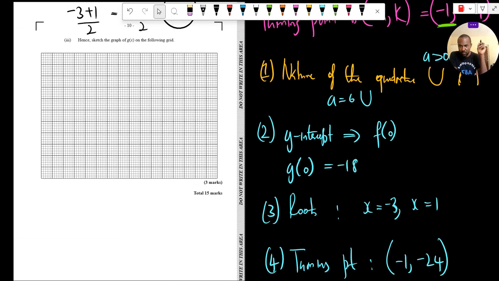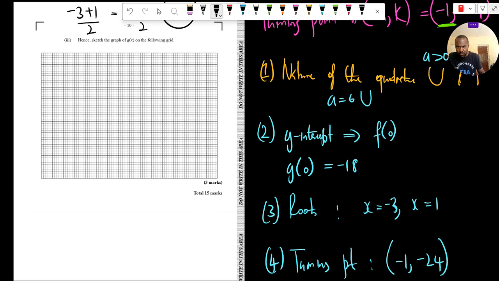Let me put my y-axis, let me just draw a line here. In terms of our x values, we need to go as far as -3 and 1, so we need some values to the left. Let me put my axis in the middle.